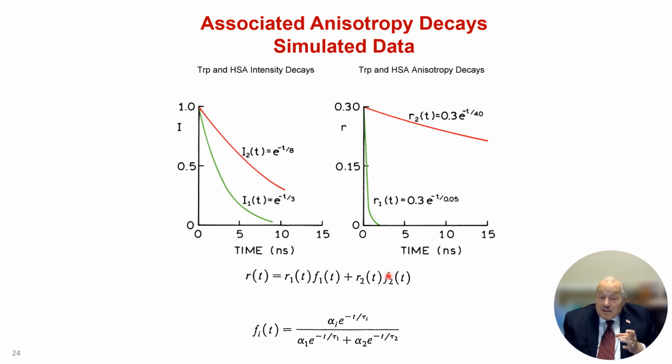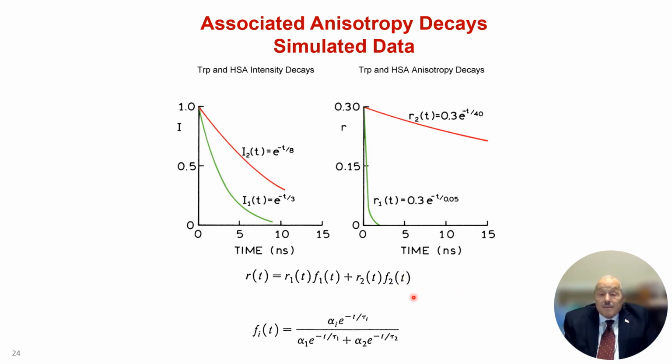This is now an associated anisotropy decay, so that the anisotropy you observe at any given point in time is given by the anisotropy of that one component times the fractional emission of the other component, and then the anisotropy of the second component times the fractional contribution of that component.